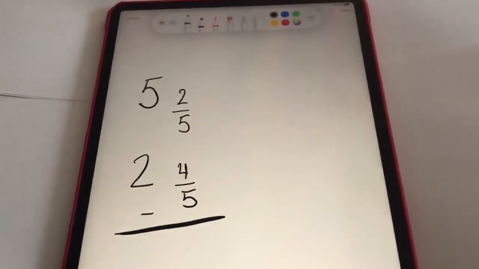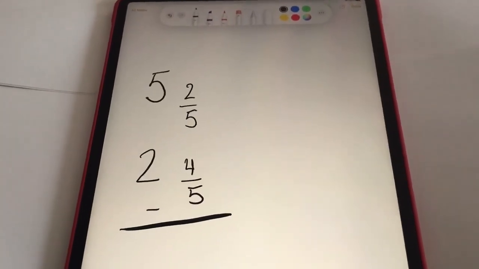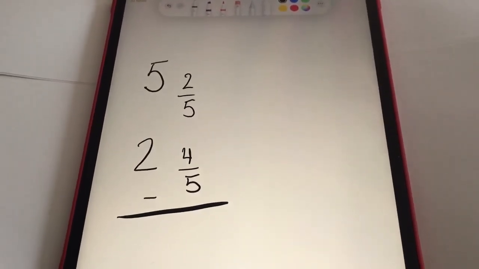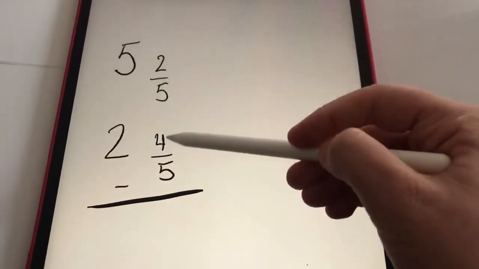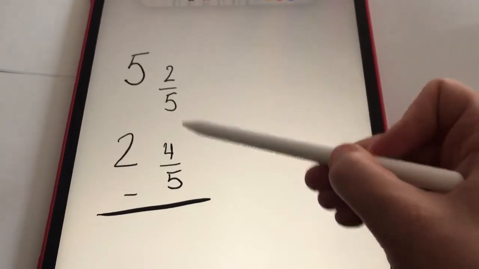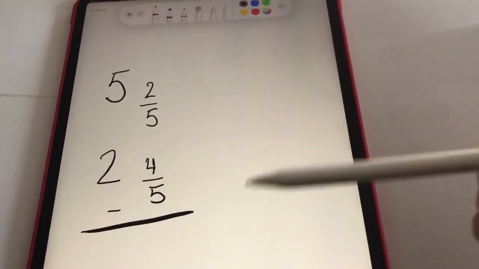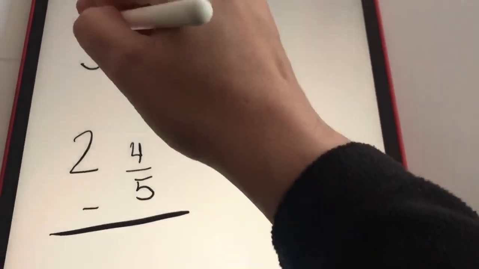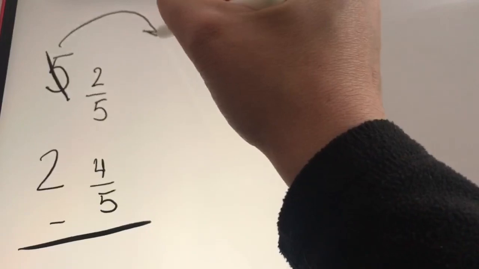We are just focusing on borrowing from that whole number. Right now I have 5 and 2/5 minus 2 and 4/5. I cannot take 4/5 away from 2/5 because 2/5 is smaller than 4/5. So I know that I have to go to that 5 and borrow a whole.